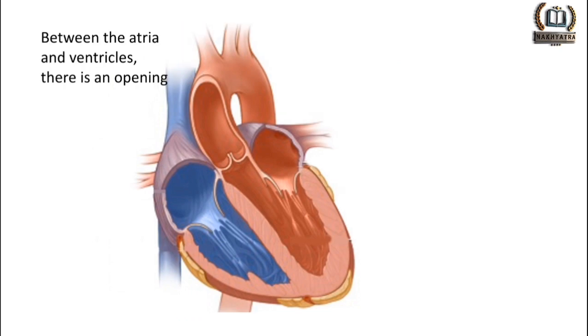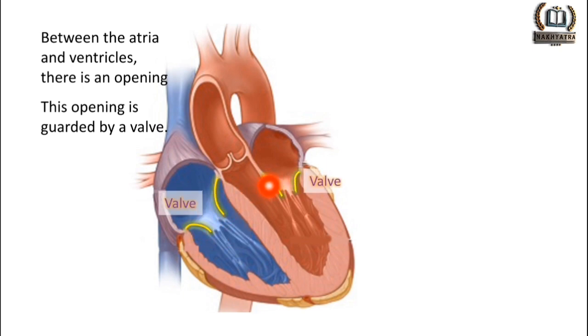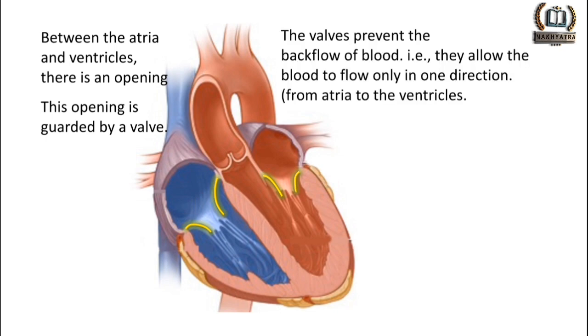Clear everybody? Now look here, between the atria and ventricles there is an opening. So atria aru ventricles er mazot eta opening ase. Can you see here? So this opening is guarded by a valve. আৰু এই opening দুটাক valve guard কৰি ৰাখে. The valves prevent the backflow of blood. That is, they allow the blood to flow only in one direction from atria to ventricles. এতিয়া সেই valvesৰ functionটো হৈছে কি bloodটো যাতে backflow নকৰে.